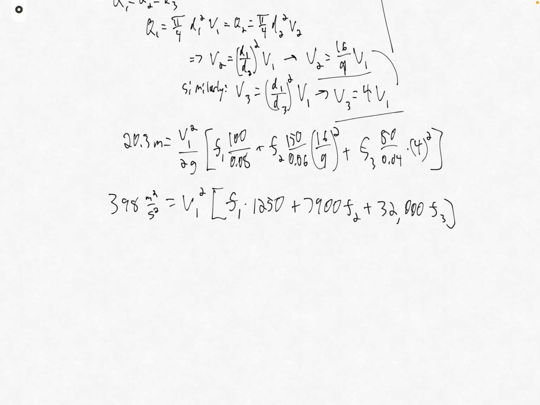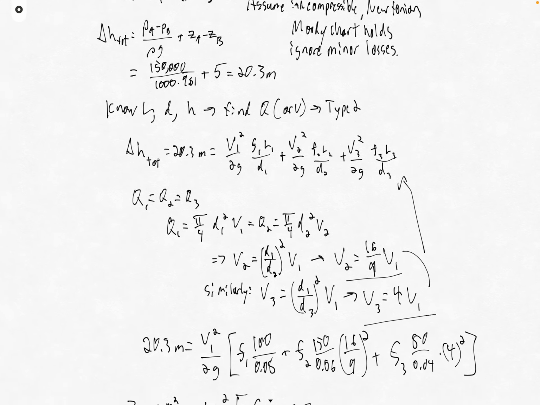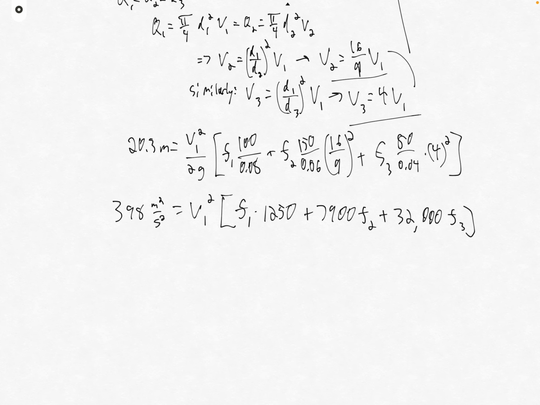And so this form here is very similar to the way we've been iterating on type 2 problems when we have just a single pipe. But in this case, we have three friction factors, which are all potentially different, right? Each one of our pipes has a different epsilon over d, and they're all different diameters with different velocities, so we do expect these friction factors to be different from one another.